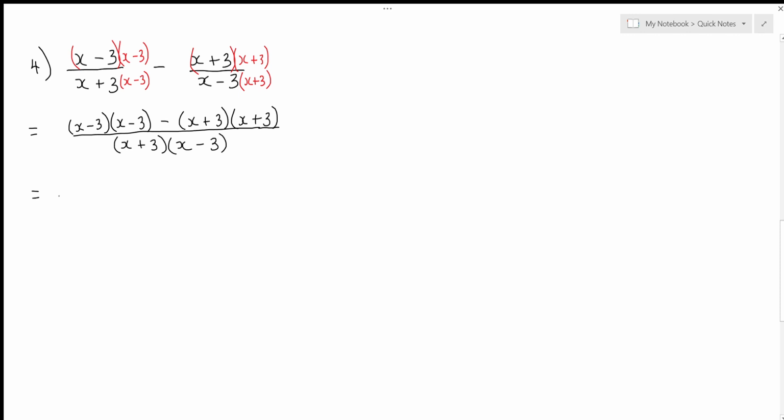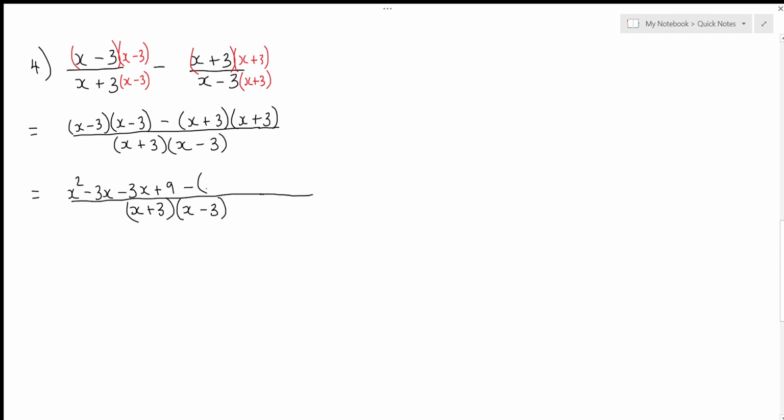So we're going to simplify our numerator further by multiplying out. I'm just writing out the denominator in the meantime. So let's multiply out. Here we're going to have x squared minus 3x plus 9 minus, now here be very careful, you must first multiply out and put your brackets, and then in the next step you then multiply out by the negative.